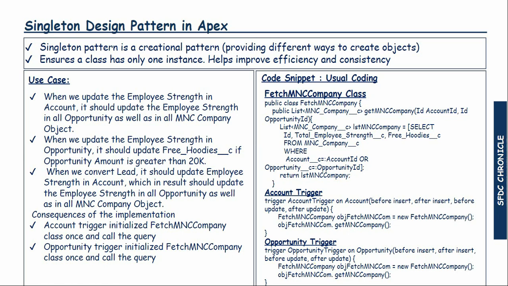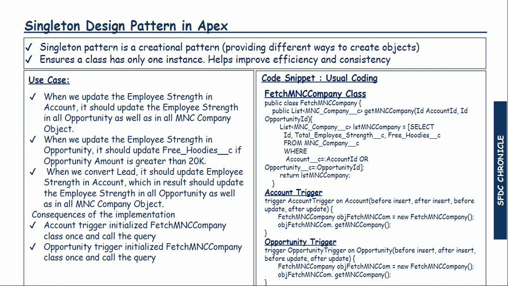Now, if you see, when you convert your lead or when you update the employee strength in your account, what will happen? It will trigger the account trigger, and that will create one instance of fetch MNC company.